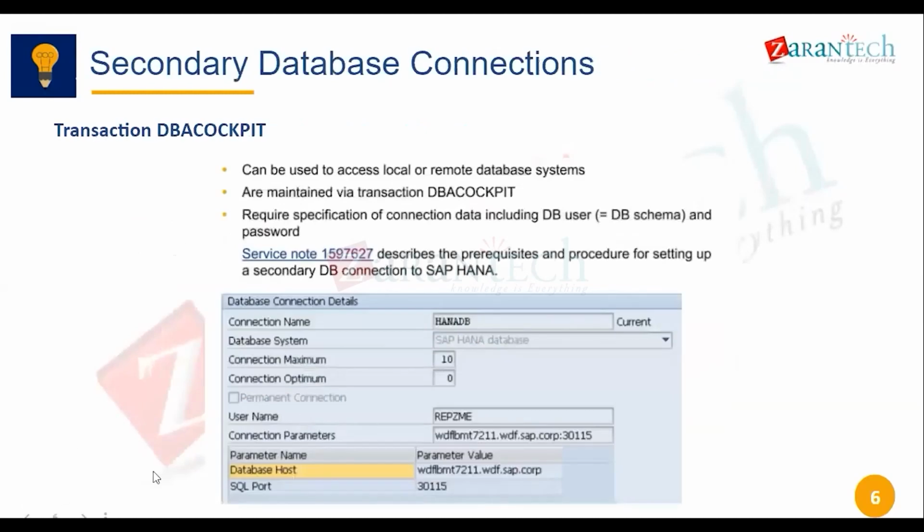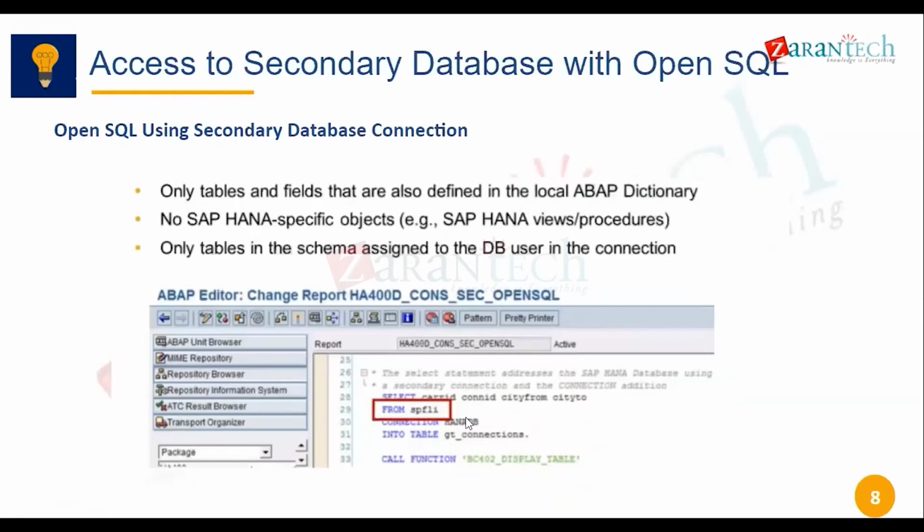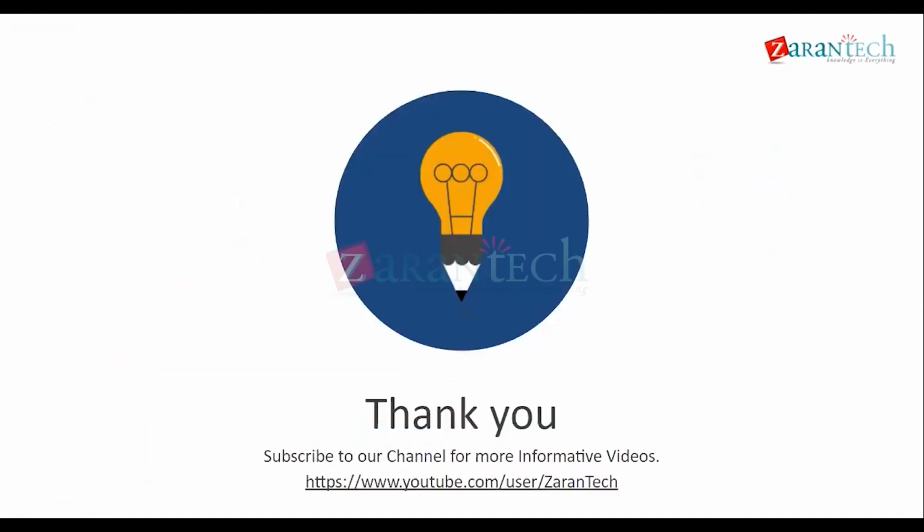If you see here, we have used a username called repzme, so only the relevant objects assigned to this username can be accessed inside this program. Only those tables can be assigned, right? Any questions? Good.